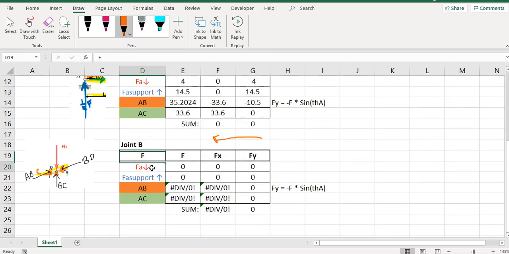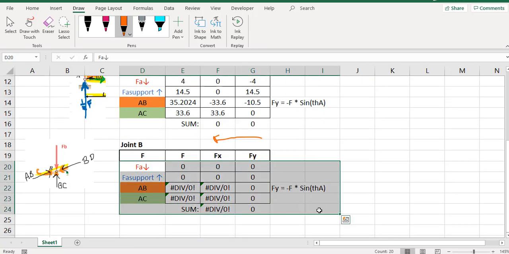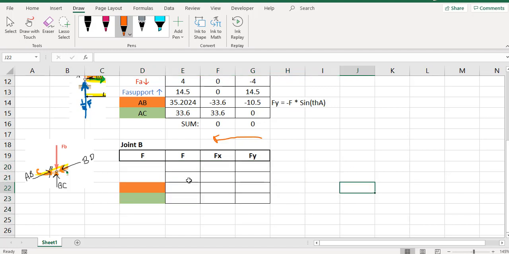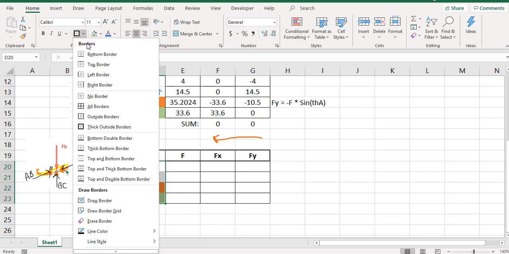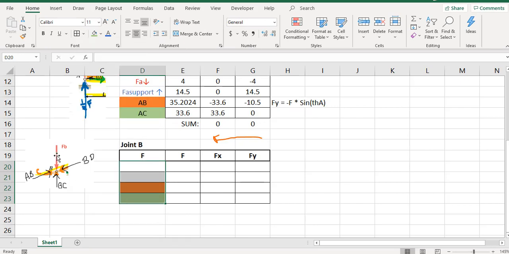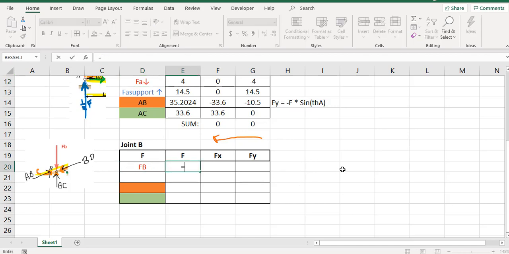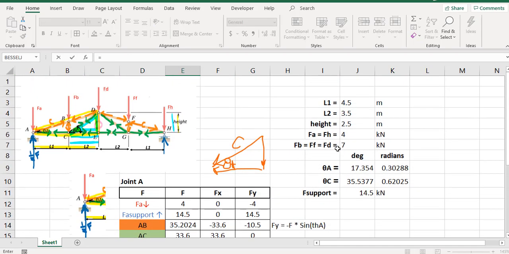So let me go ahead and just clear all of this out. So once again, I have the same number of forces. I've got 4 forces. So I have FB coming down. So instead of FA, I have FB. So I'll go ahead and come up here.